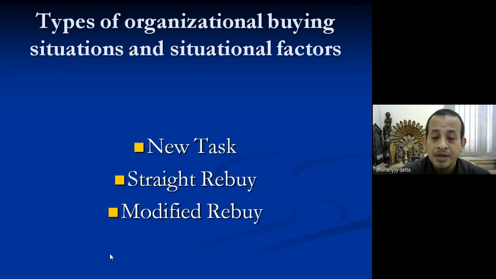Buying a product for the second time, third time can be referred to as a straight rebuy. Giving the earlier order repeatedly without any change is known as straight rebuy. Then modified rebuy. Modified rebuy includes the buying process where, with some modification, a repeat order is given for the purchase.